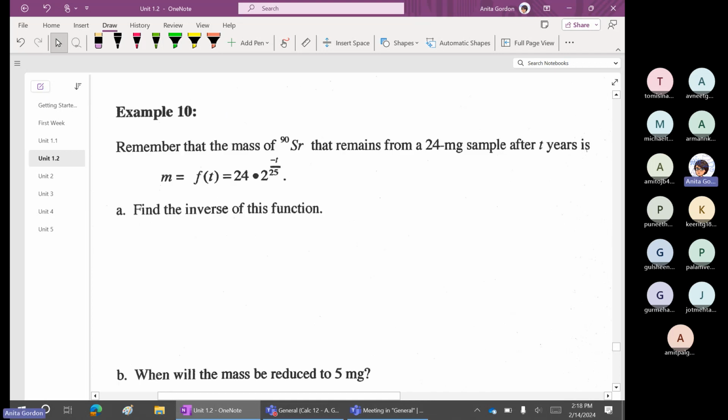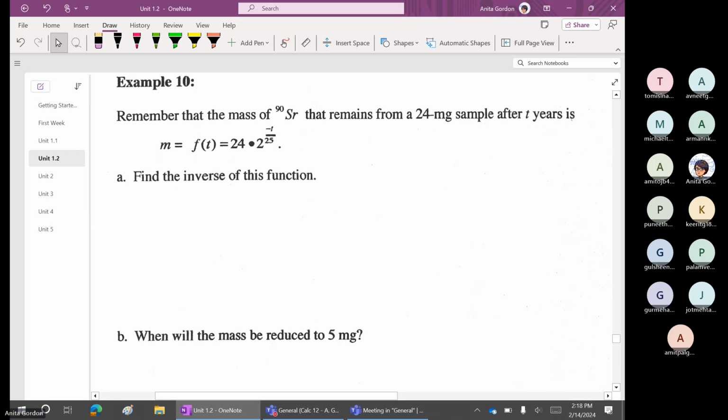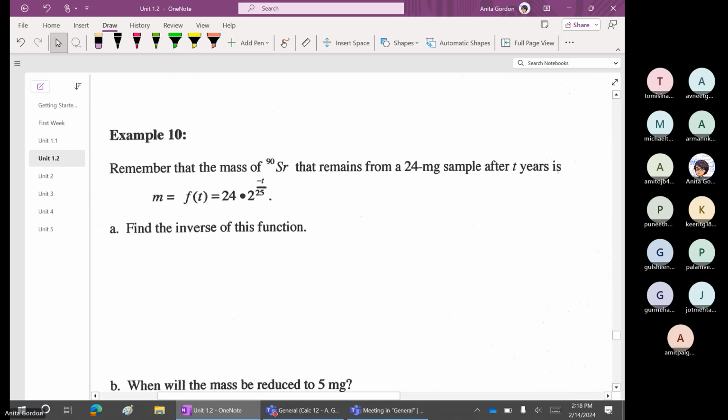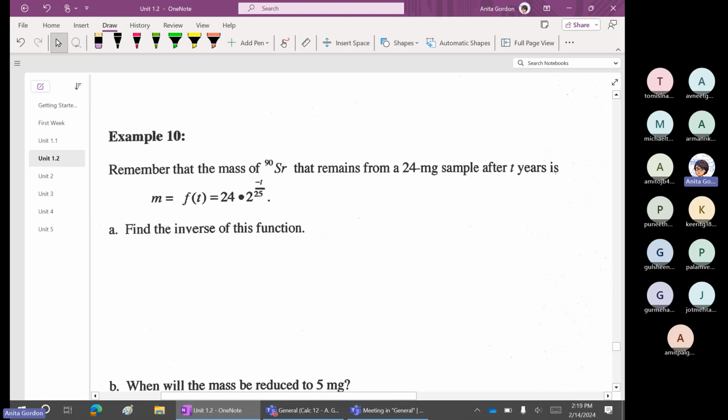Remember the math question if you watched the last lesson. In the last lesson, we did an exponential growth and decay question. When we do exponential growth, we measure the mass as a function of time, right? So this is replacing what used to be f of x. Now I'm specifying my f is measuring mass, and my variable is time.